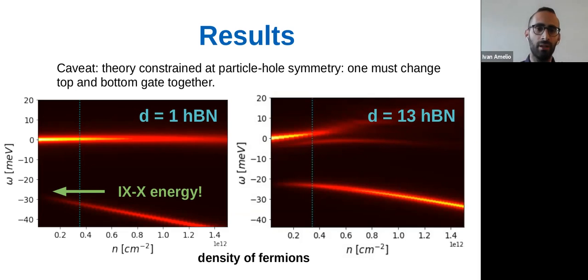So I can change the density, and I can plot for different interlayer distances. For small interlayer distances, my interlayer exciton will be very well bound.